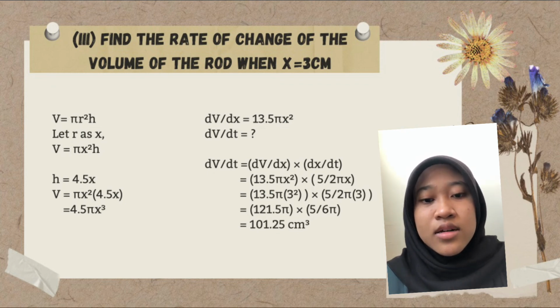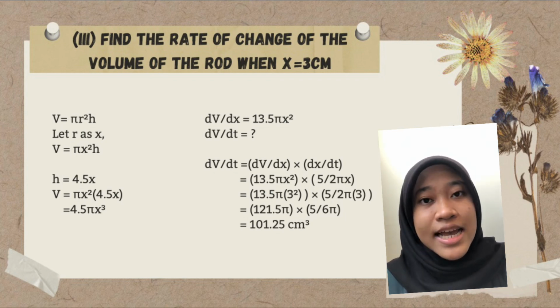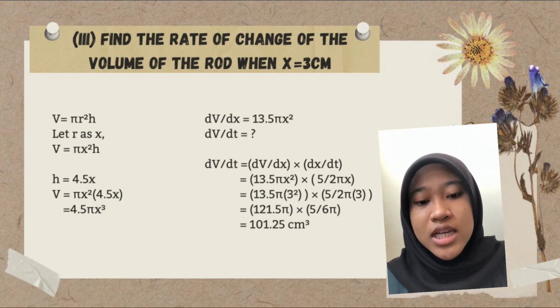So when x equals 3 cm, we just put the 3 into x. It will become 13.5 pi times 3 squared times 5 over 2 pi times 3, because x has been replaced with 3.